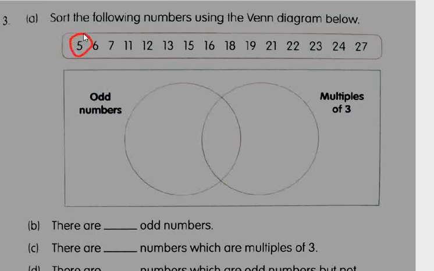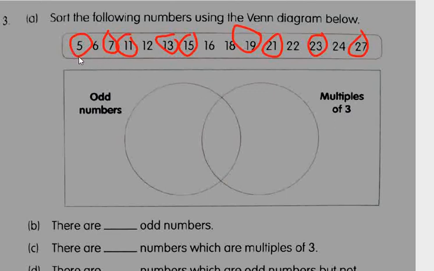This one is odd. This is even, odd, even, odd, and odd. Then let's mark the numbers that are multiples of 3.